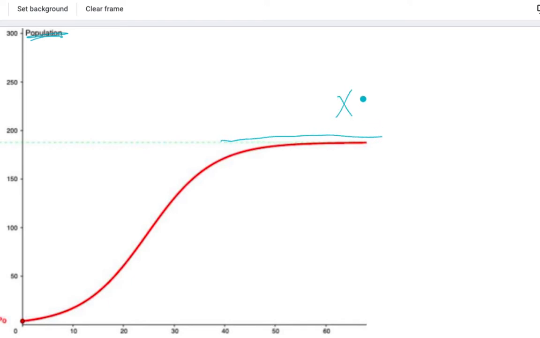So as x approaches infinity, the asymptote here looks like it's about 190. So the population, whatever this is, cannot get past 190. Either there's not enough space, or food, or resources.